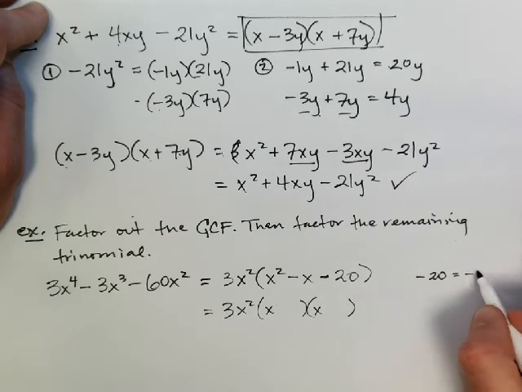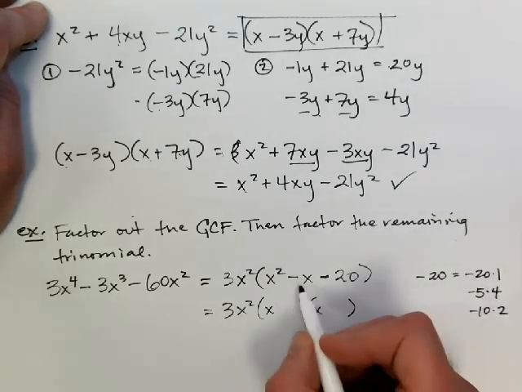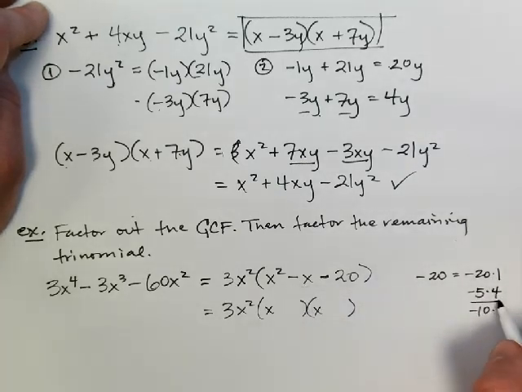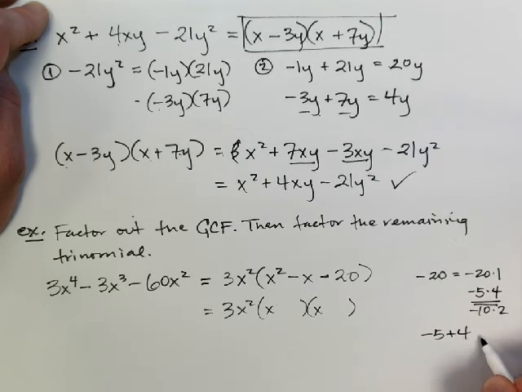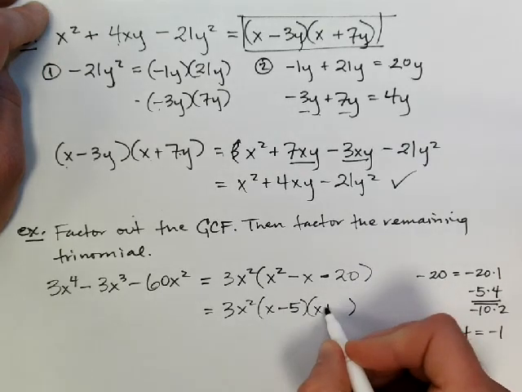It could be minus 20 times 1, minus 5 times 4, or I guess minus 10 times 2. If we look at that list, we want to get a negative 1x. Minus 5 plus positive 4 is going to give you that negative 1. So those are our terms.